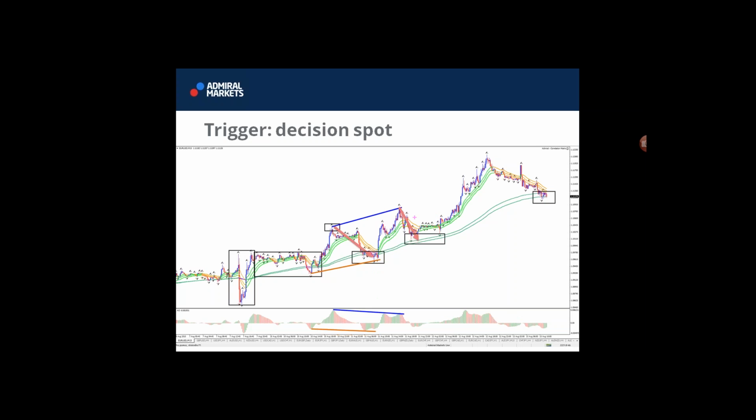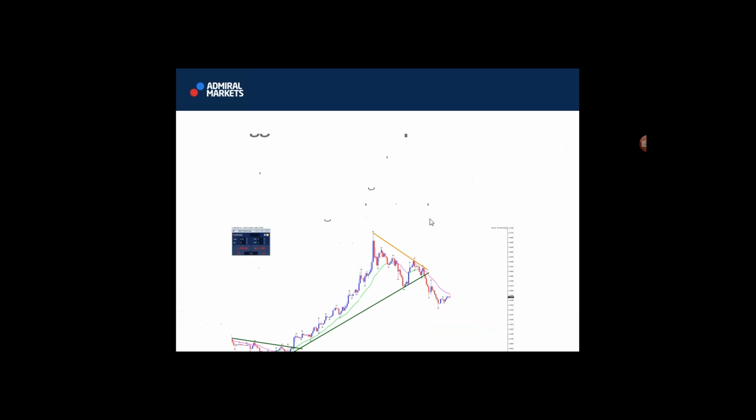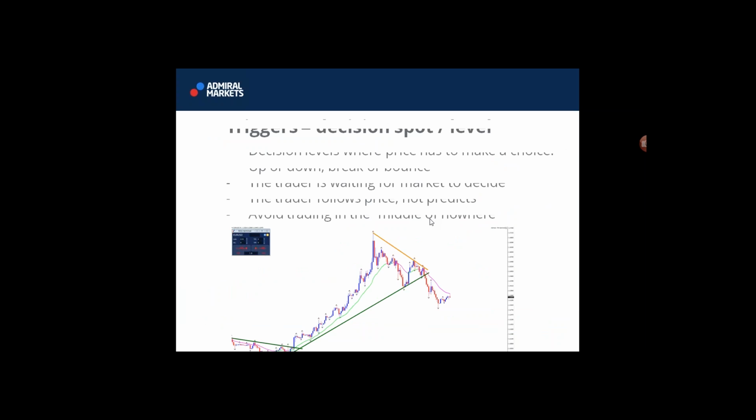There it is. Okay, here for instance, the break of this resistance, it's not this resistance here, is great. We trade that, that's with the trend. But perhaps now the trend is so established that the downside break here, I might not take it. I might wait for price to really push through and then take a continuation instead. You get my point? If not, let me know.